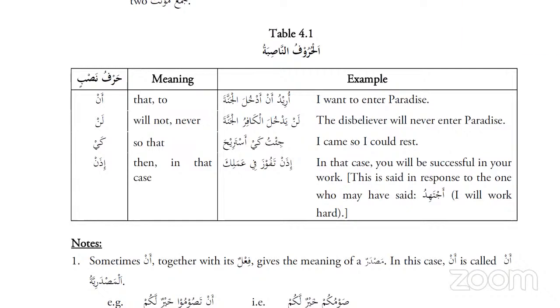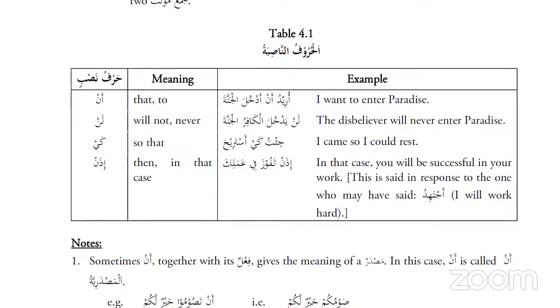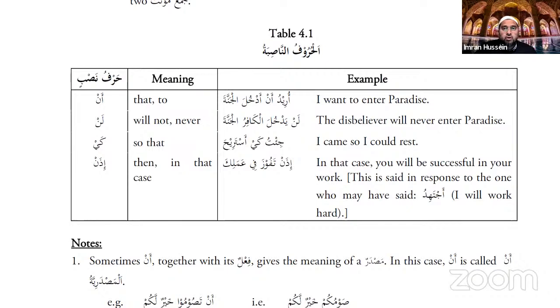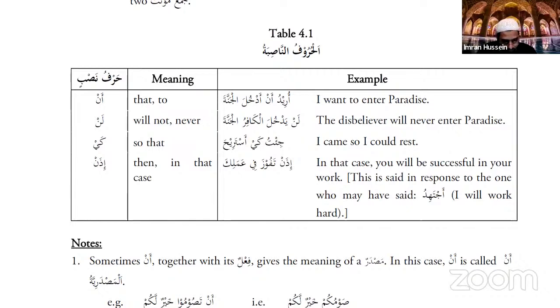Yaji'ani, ahsanti. Yaji'una, correct? Taji'u, correct? Taji'ani, correct? Yaji'na, yajitna, hunna yajitna. Excellent. Then taji'u, correct?